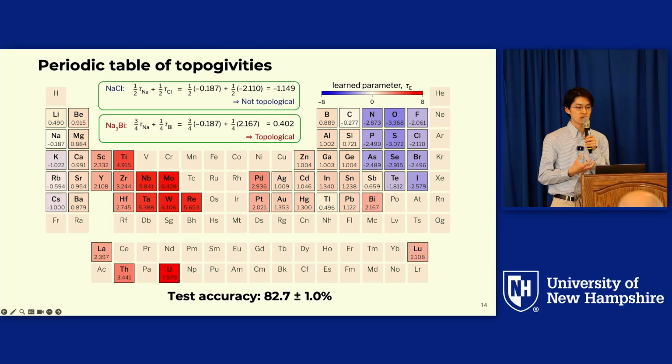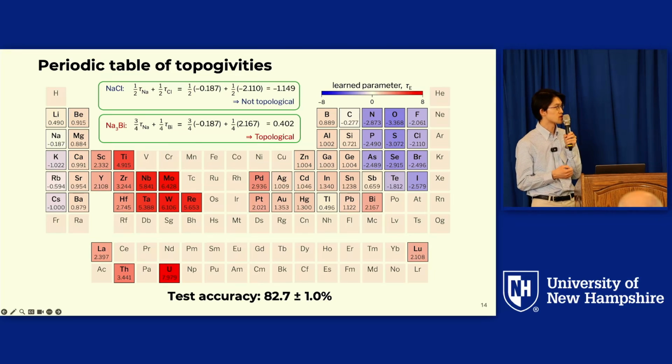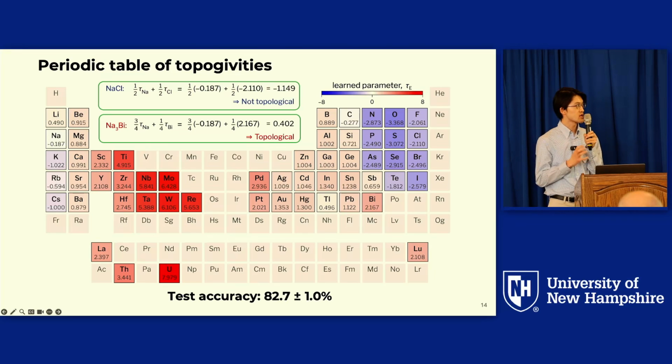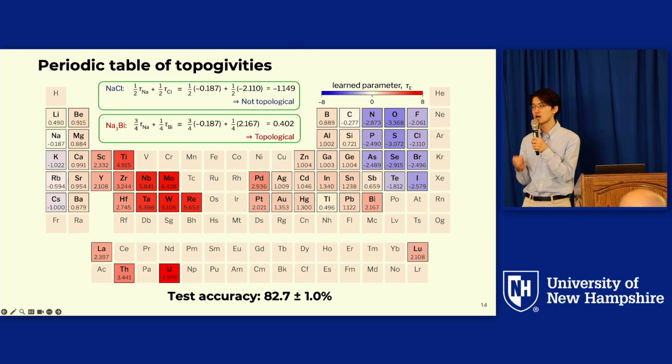And if we look at this periodic table, what kind of chemical intuition can we see? First, we can see that elements that are close to each other on the periodic table typically have similar values of parameters. And that makes sense because the periodic table structure is such that we expect elements close to each other are chemically similar. Second, we can look at the regions of negative topologivities colored in blue and see that they're clustered in the top right and bottom left parts of the periodic table.